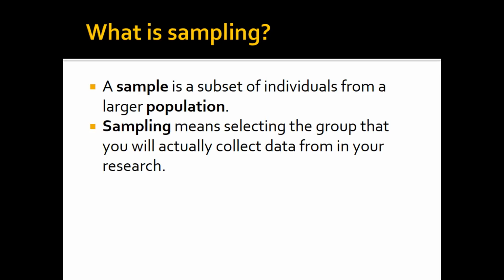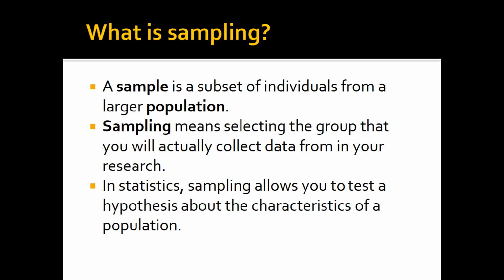So sampling is selecting the group from where you will collect the data for your research. You may consider that the sample is representative of the whole population, but your actual data collection will be only for the sample and not the whole.